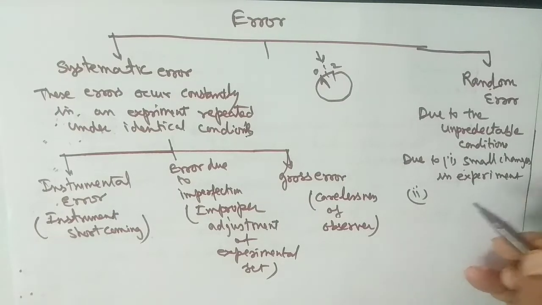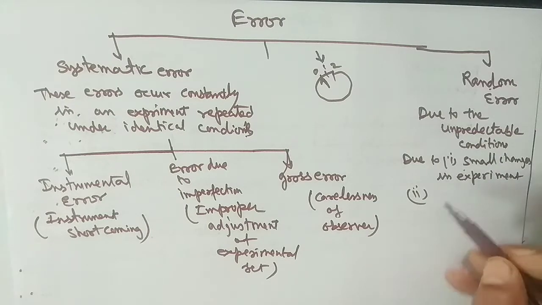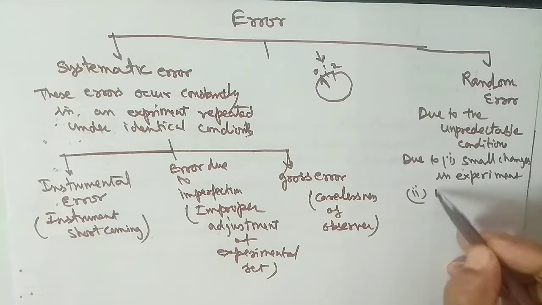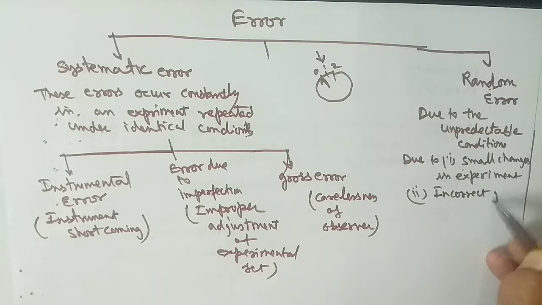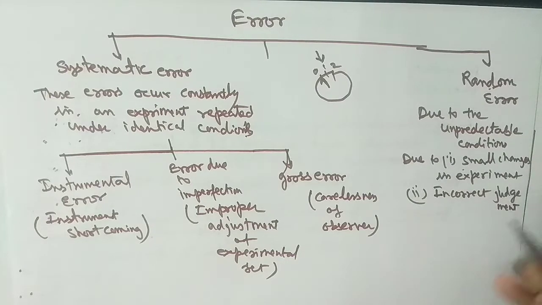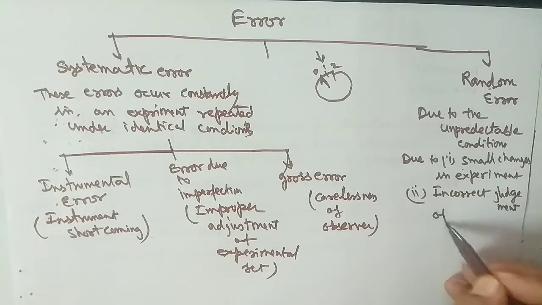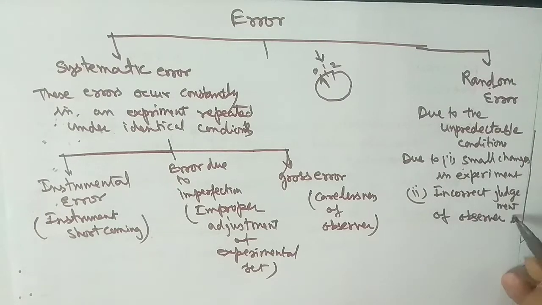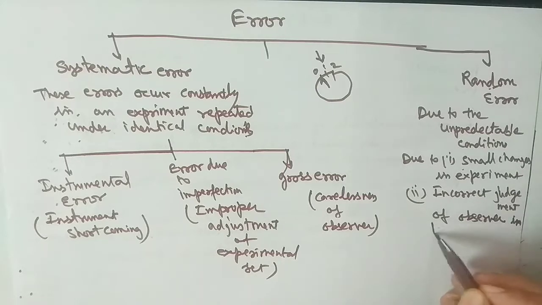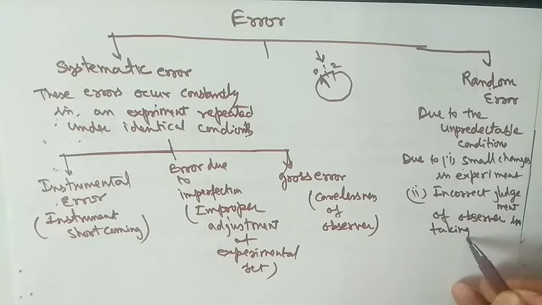Okay, when you have to decide what is the right time, what is the correct condition to take the reading, so that is another reason. So the second is the incorrect judgment of the observer in taking readings.